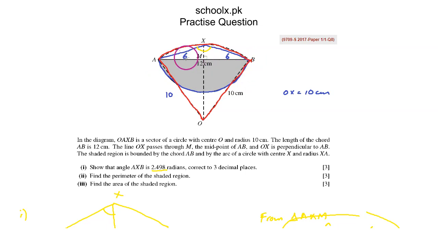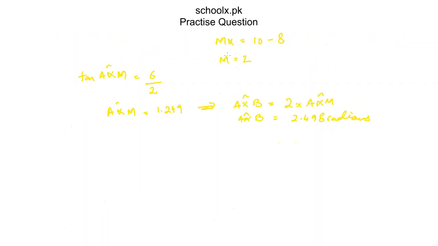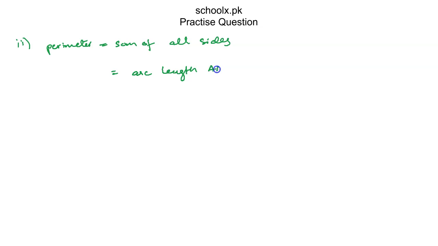Now first of all, we'll find the arc length AB. This is part 2. So now perimeter is the sum of all sides. In this case, that is arc length AB plus line AB.